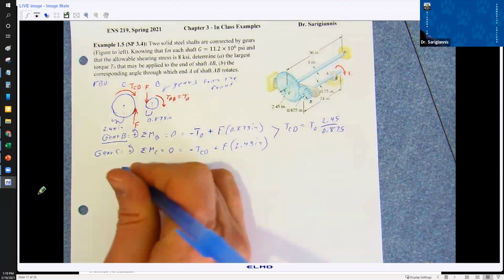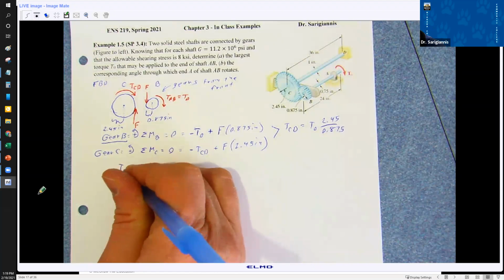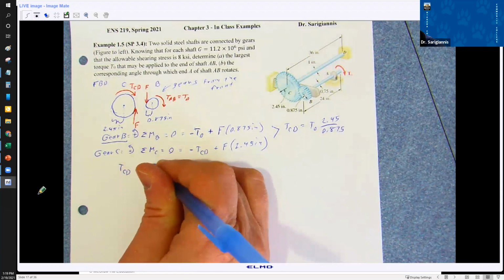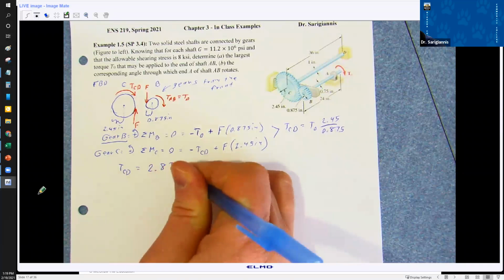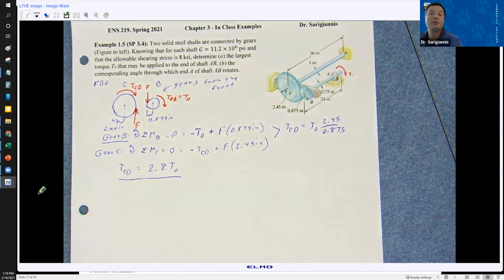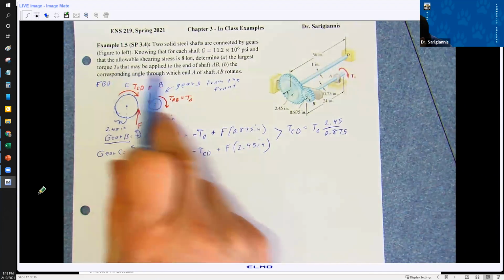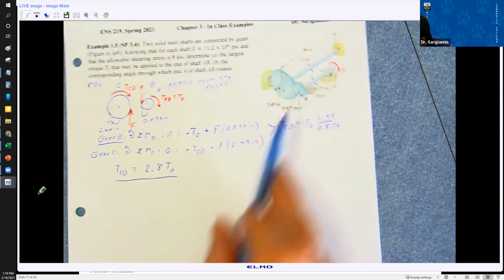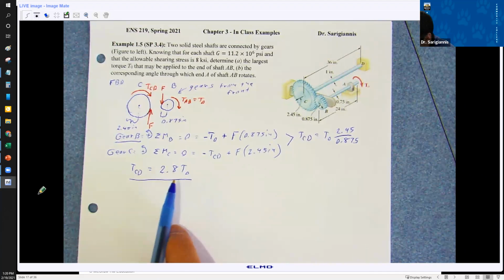And we've got an equation here for TCD in terms of T naught. That's just algebra. Now we have the torque of CD with respect to T naught. Notice the torque in CD is 2.8 times that of T naught.